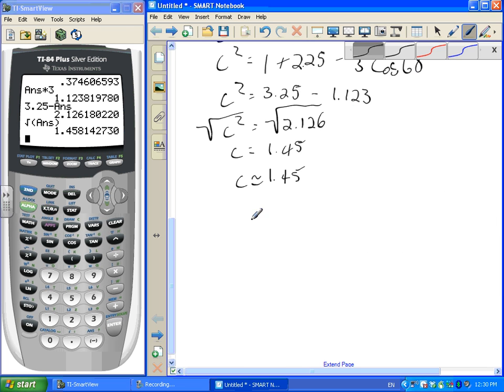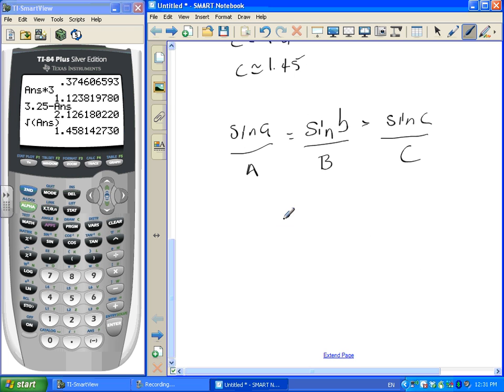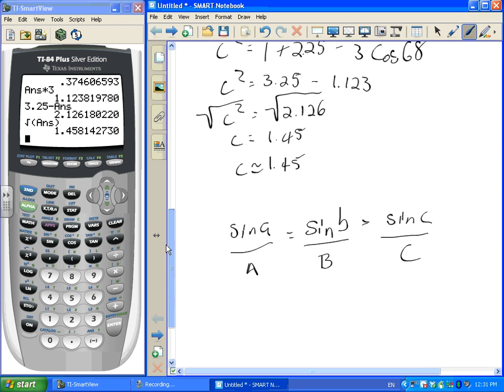So my sine A over A equals sine B over B equals sine C over C. I think I put the capitals and lowercase backwards there, but hopefully you have the idea. Our angle C is 68, and our side C is 1.45.